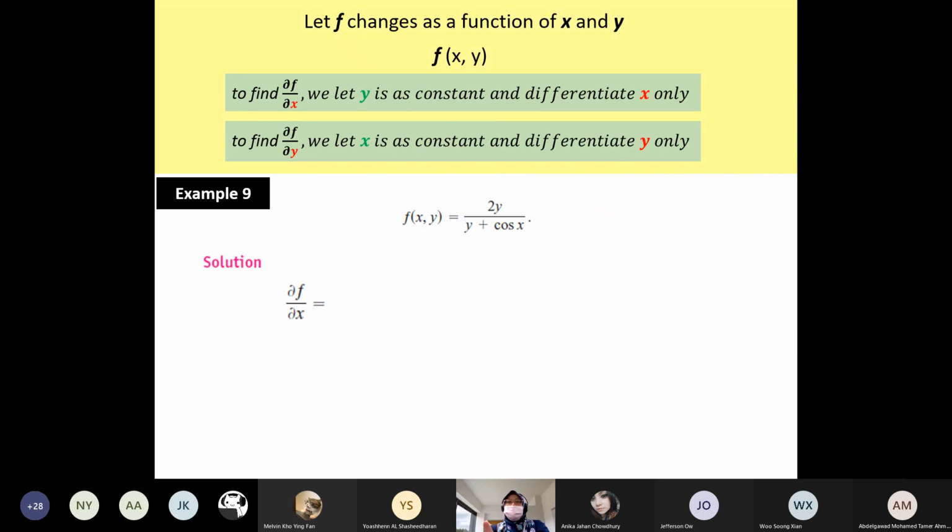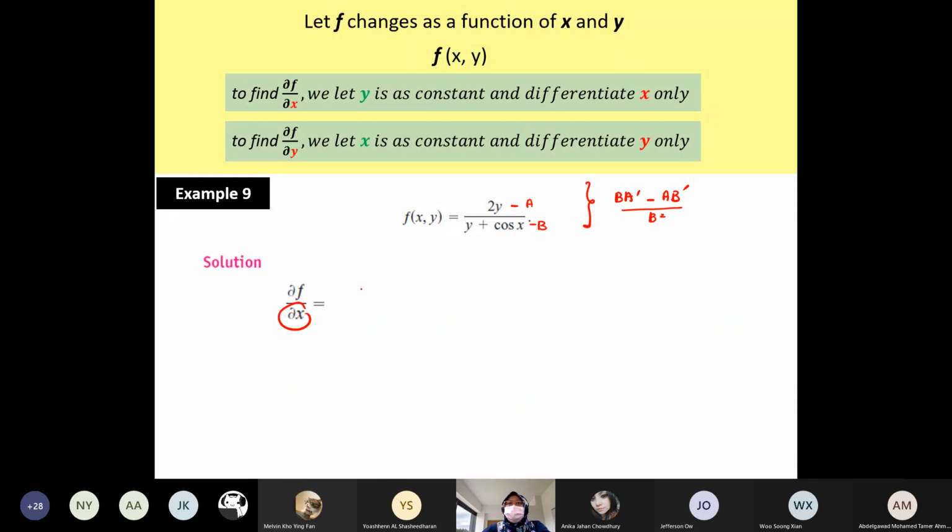Okay, so let's look at this example. We have this one as A, this one as B. In order to solve this, we have B differentiate A minus A differentiate B over B square. Let's say we want to differentiate with respect to x.